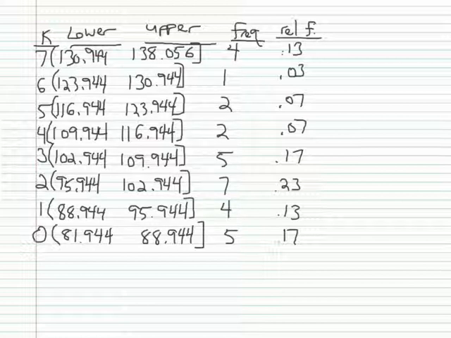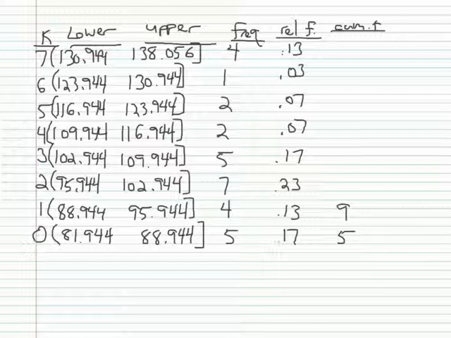Now, I can also compute the cumulative frequency. So this next column is going to be the cumulative frequency. And to compute that, I start at the bottom. So I'm going to write 5, and then to 5 I'm going to add 4 to get 9. And then I'm going to continue.